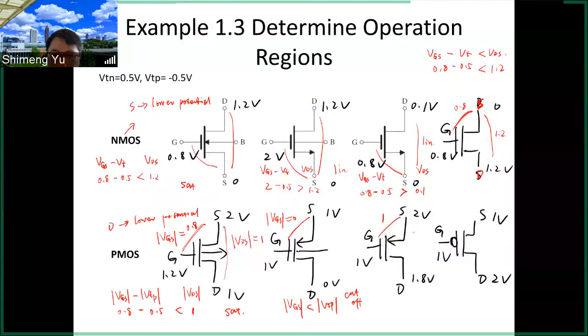VDS difference is 0.2. So 1 minus 0.5, this 0.5 is the threshold voltage absolute value, and then you have 0.2 here. So this one is larger than this. So this is the linear region.